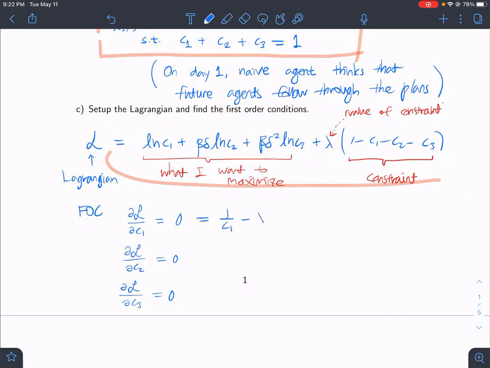minus lambda. You can see that C1 appears here and here, so we have 1 over C1.